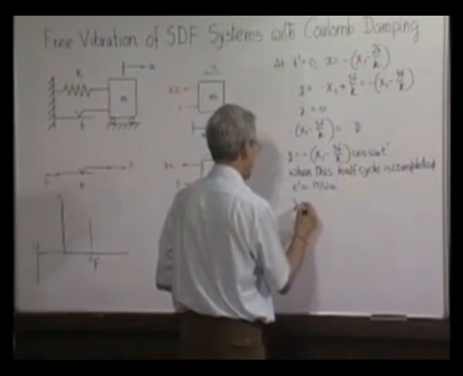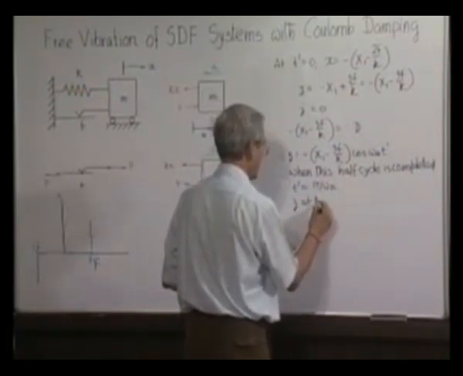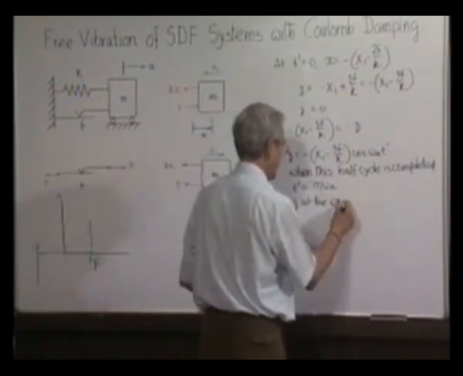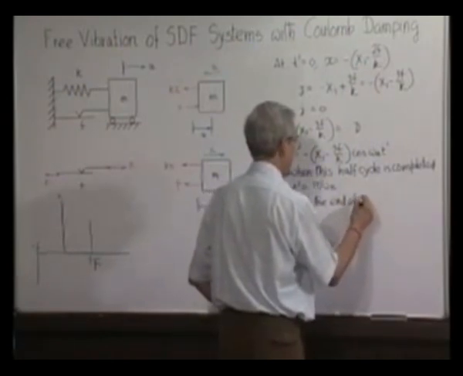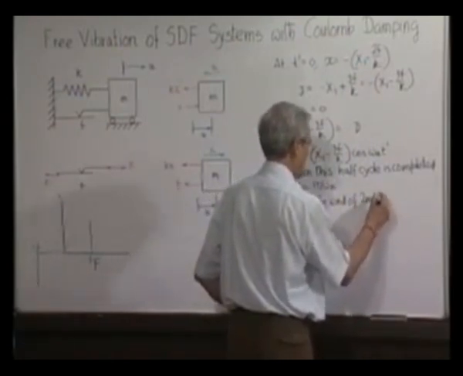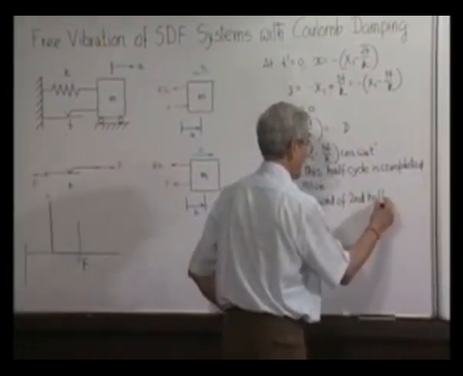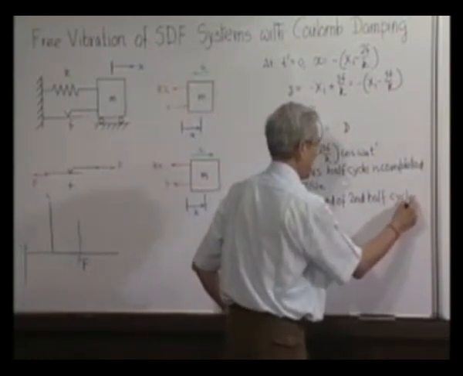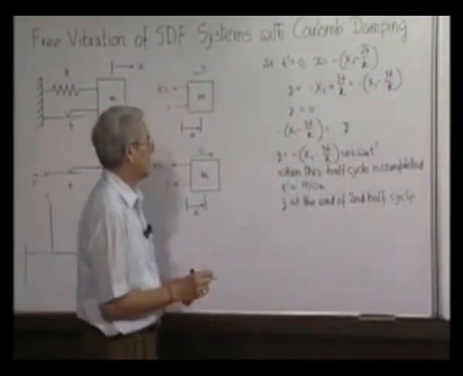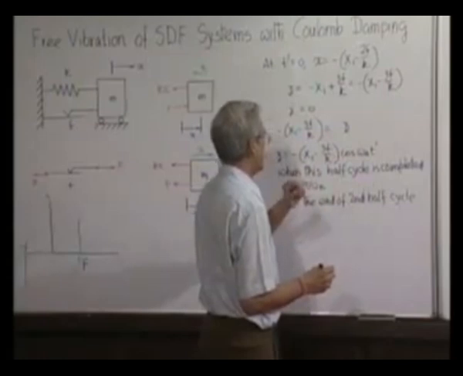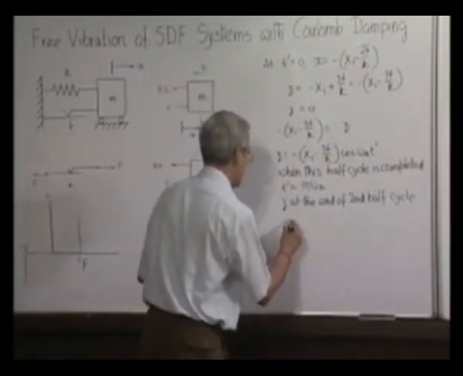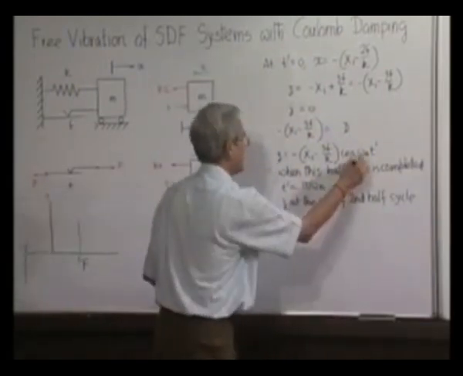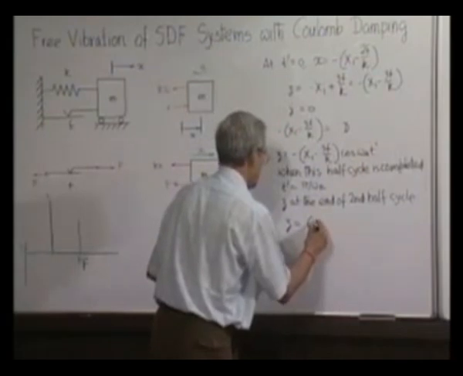So, z at the end of second half cycle, if we substitute this here, we get minus 1 times minus.